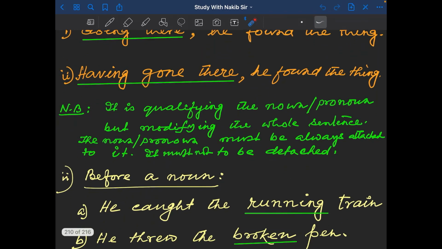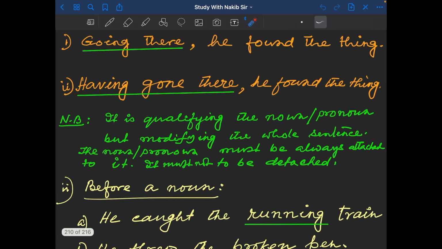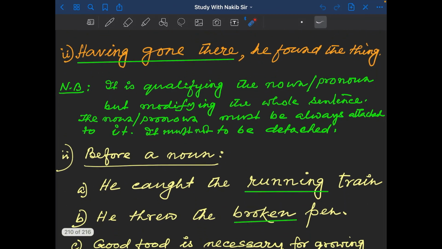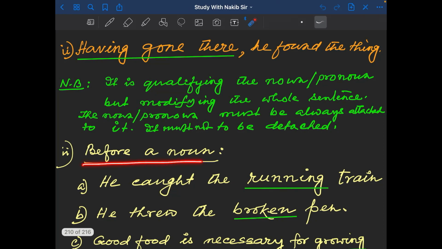Now present participle is used secondly before a noun. Present participle is used firstly at the beginning of a sentence, and secondly it is used before a noun. See the example. He caught the running train. Train is a noun and running is the participle.